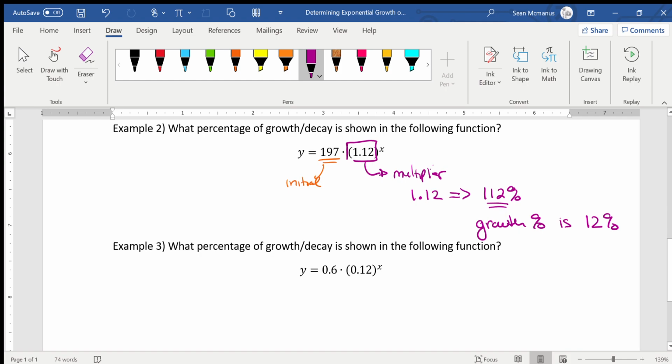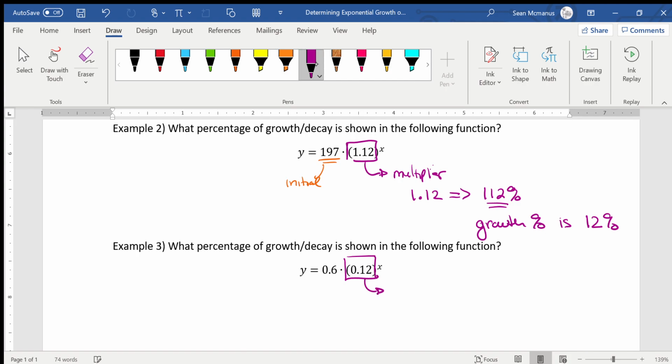In example 3, what percentage of growth or decay is shown in the following function? So y equals 0.6 times 0.12 to the x power. Again, to determine growth or decay, all I need to look at is this right here. I'm not really concerned about the initial value for this.